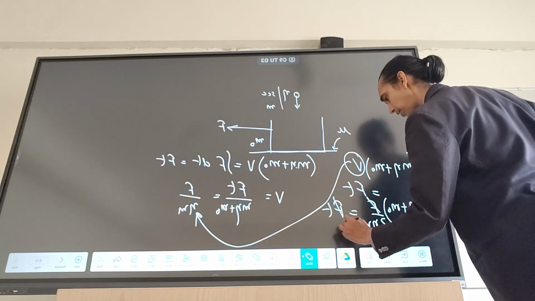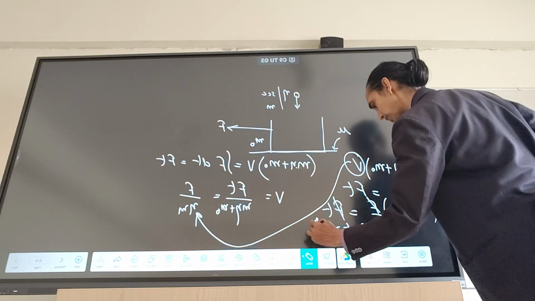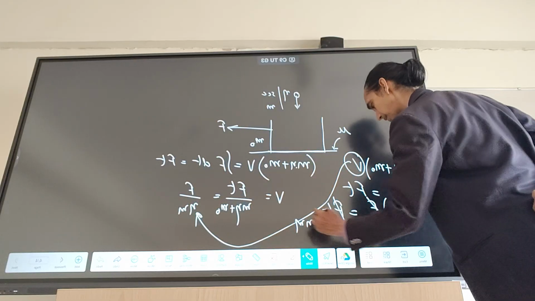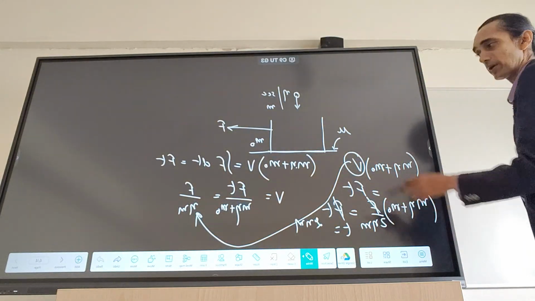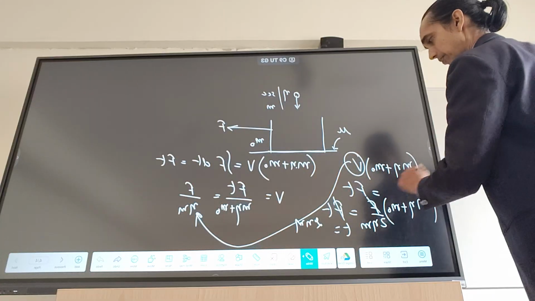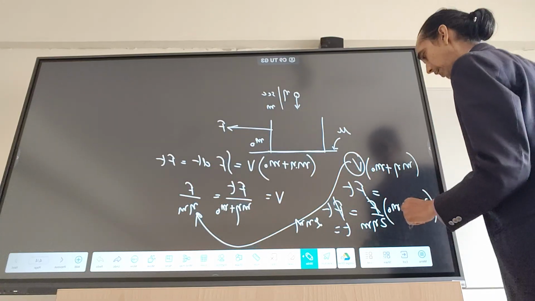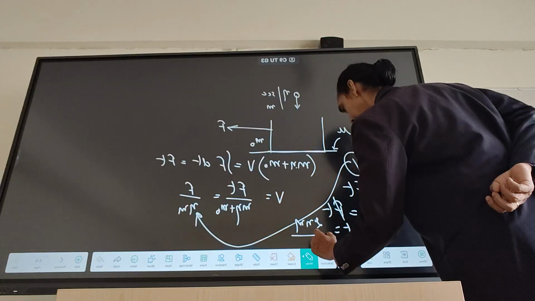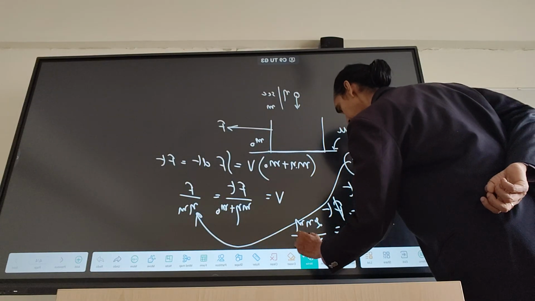F and F cancel, and t is equal to what? Just check. You want half of the maximum, so we take half of the maximum, and from there t is (nm plus m0) divided by 2nm.